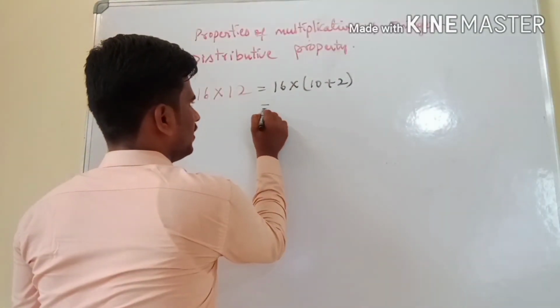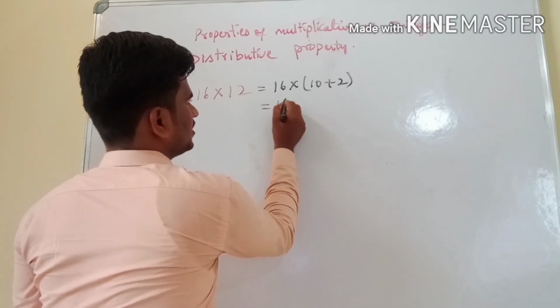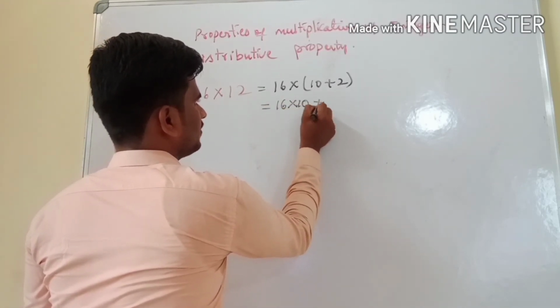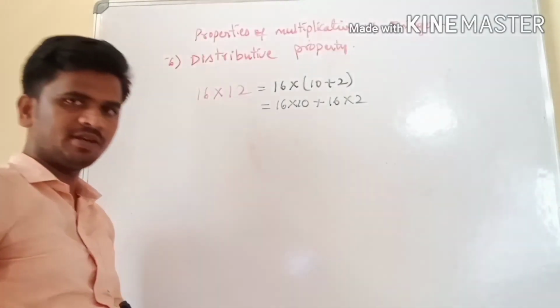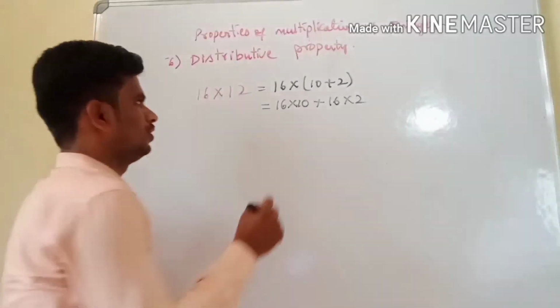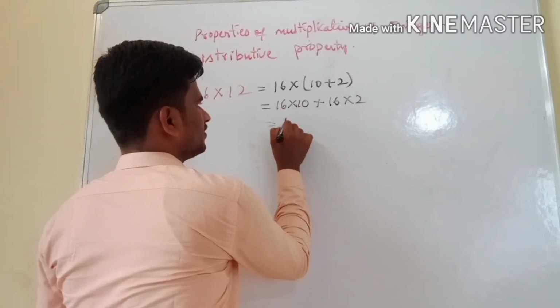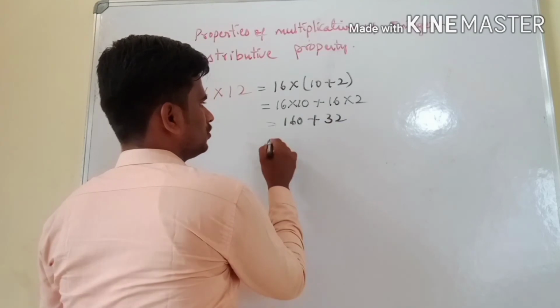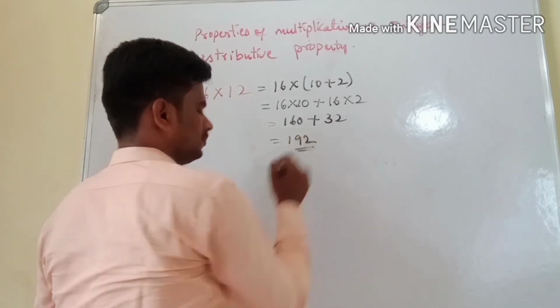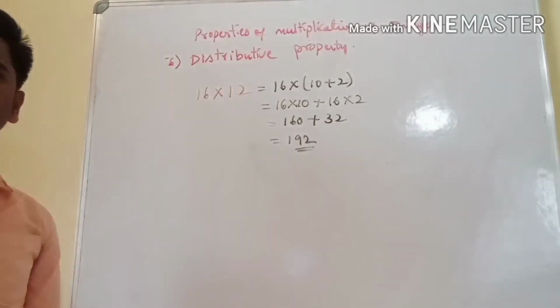Now this one I will split. That is 16 into 10 plus 16 into 2. So we can write this as 16 into 10 is nothing but 160, and 16 into 2 is 32. So its value will be 192. Is it an easy matter or not?